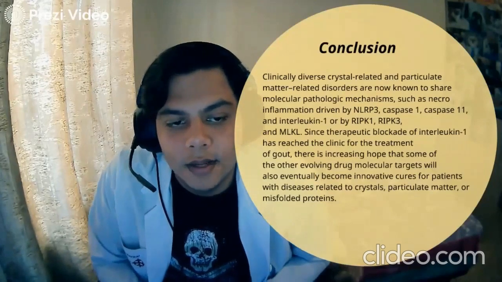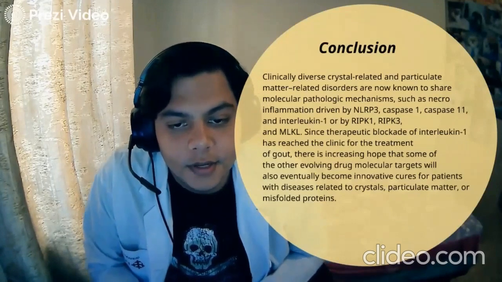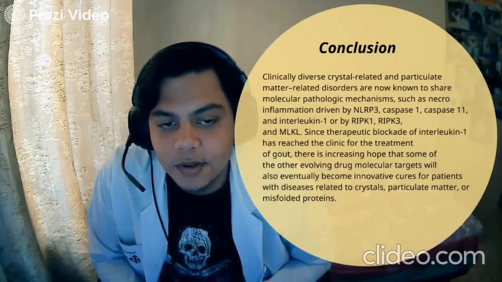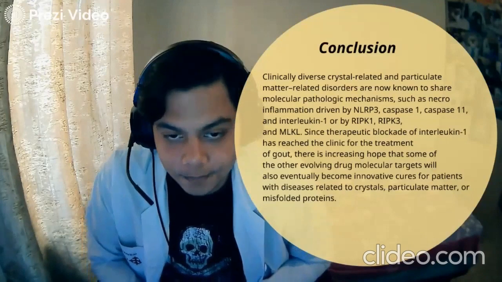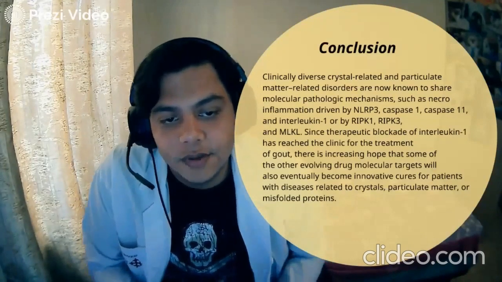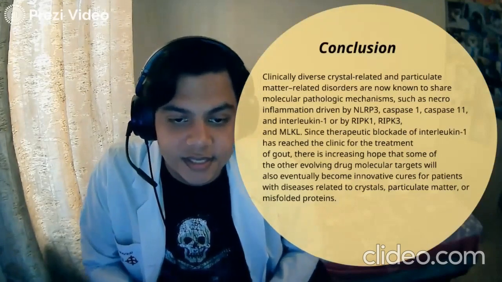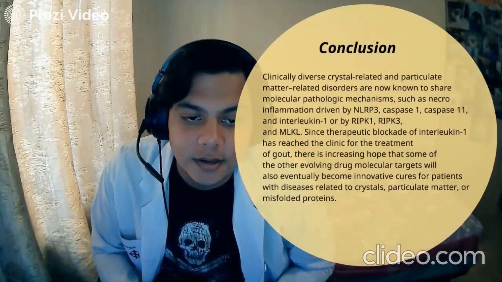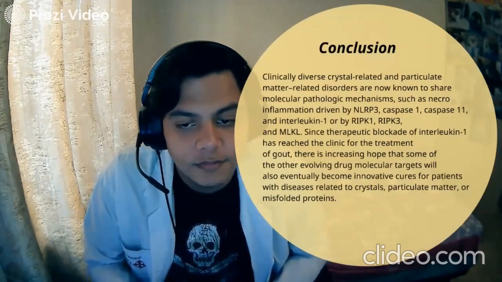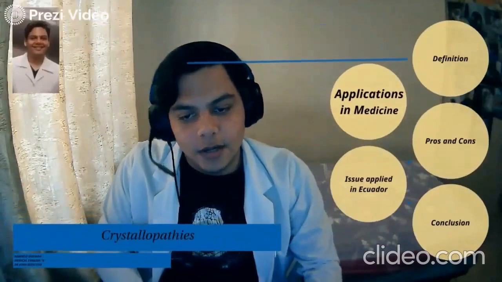Since therapeutic blockade of interleukin-1 has reached the clinic for the treatment of gout, there is an increasing hope that some of the other evolving drug molecular targets will also eventually become innovative cures for patients with diseases related to crystals, particulate matter, or misfolded proteins. Thank you very much.